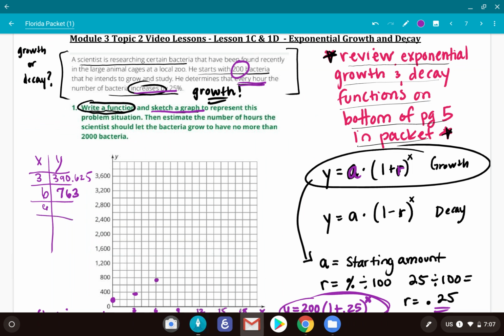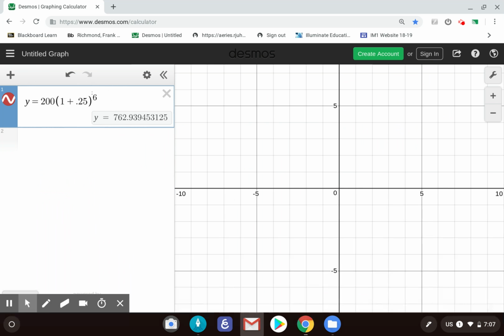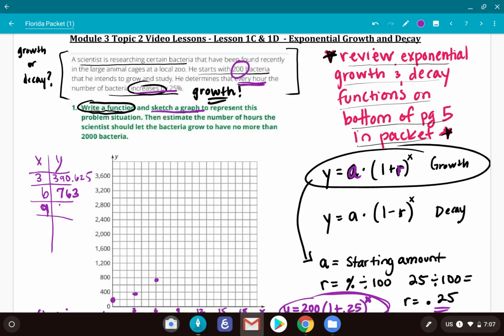If I get 9 hours, let's do 9 hours. I've got 1490.11. So 9 hours, I've got 1490, so about right here. Let's do one more.